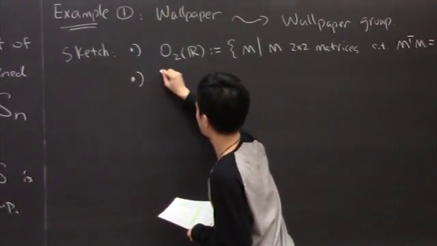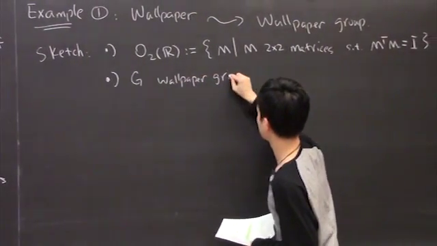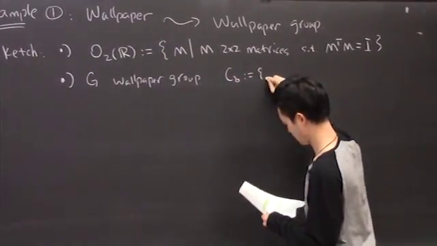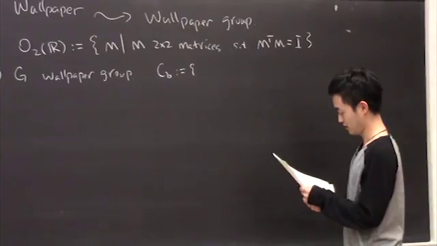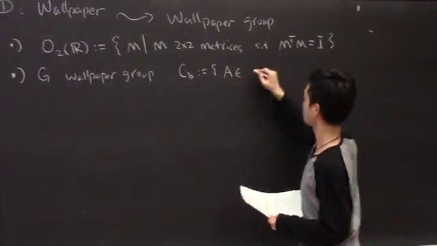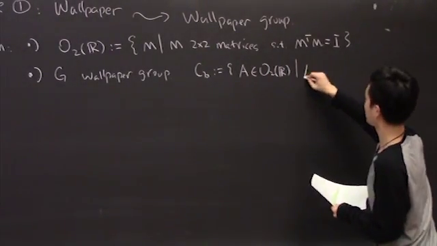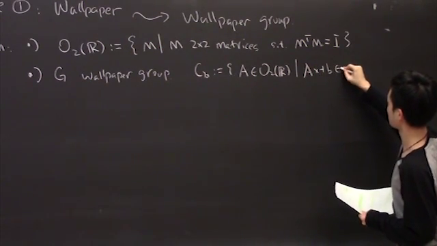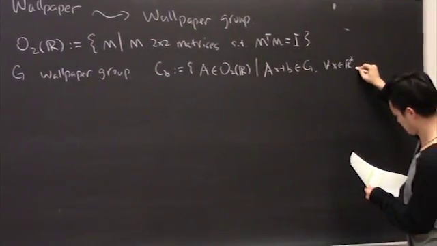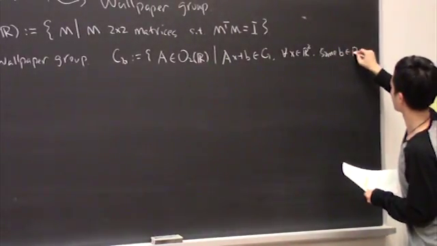Next, if we let G be the wallpaper group, we define G naught to be the point group, whose elements A are picked from the orthogonal group defined above, such that Ax plus b belongs to G for any x in R2 and some b from R2.